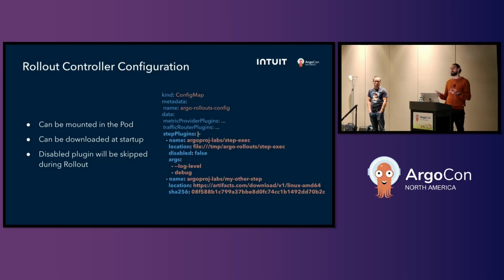That's you that decides what the name of the plugin is. You'll give a location of where that binary is, and then some arguments that you need to execute the binary. And one feature that's specific right now to the step plugin is the disable feature. So we'll come back later on how the disabled plugin can affect your rollout, so keep that in mind.